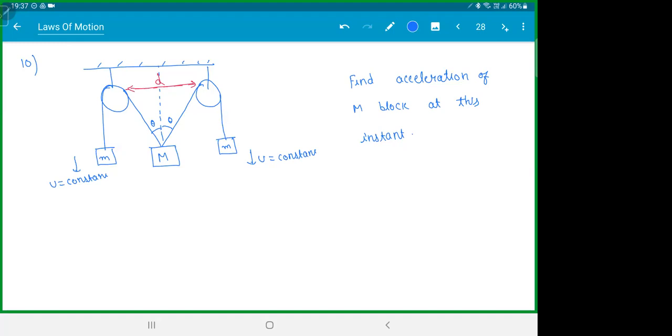It's like theta, tan theta. You got such a beautiful answer without the velocity. I asked you for acceleration, not the speed.